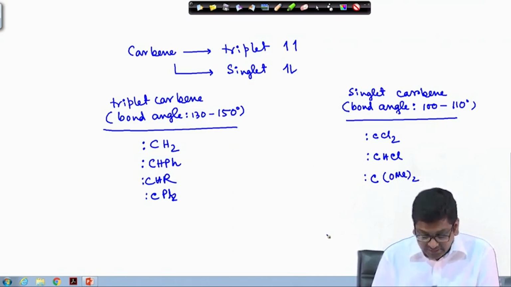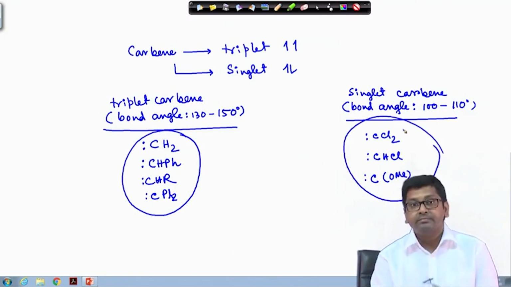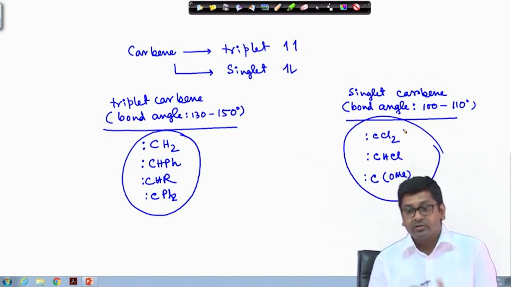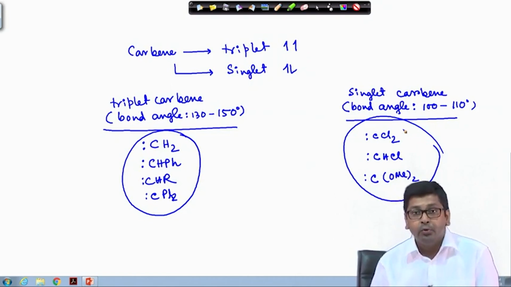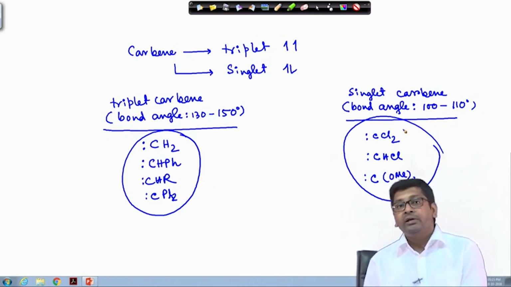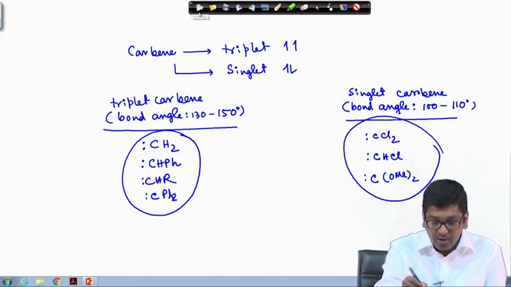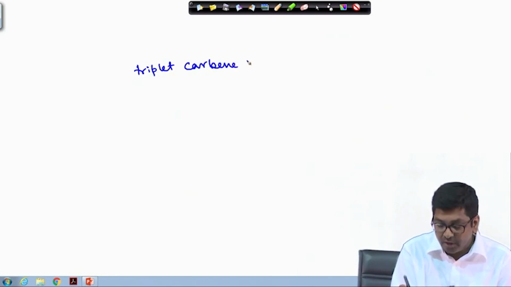Now the next question is why some of these are triplet carbenes and why others are singlet carbenes. Even though all these carbenes can be stated as triplet or singlet, why are some of them preferring to be triplet and some preferring to be singlet? Now, triplet carbene means what?